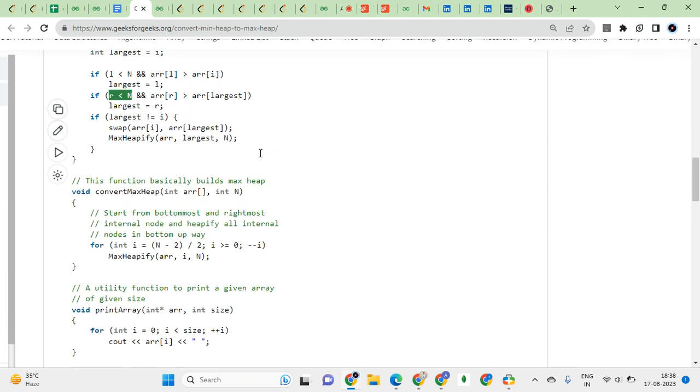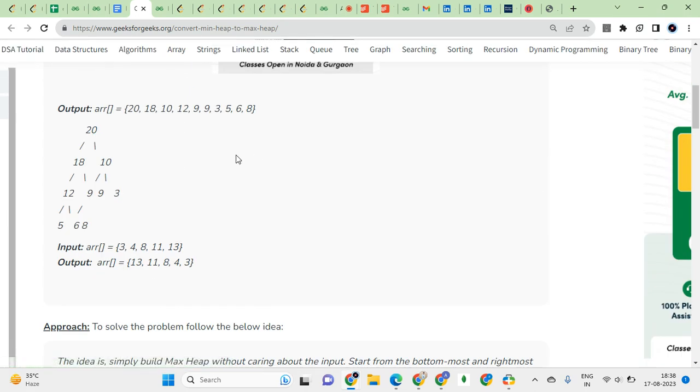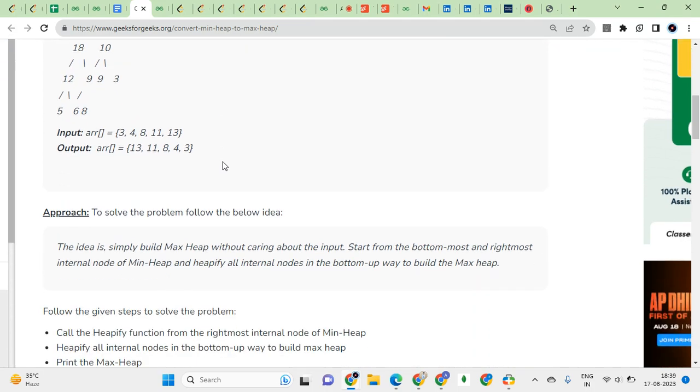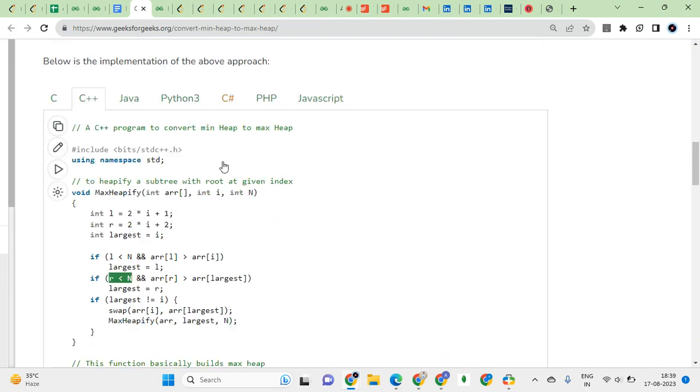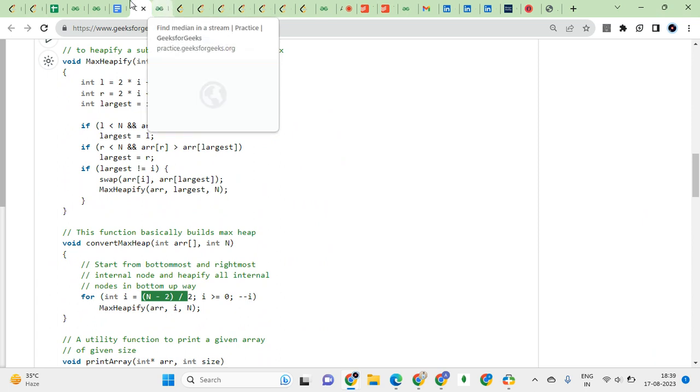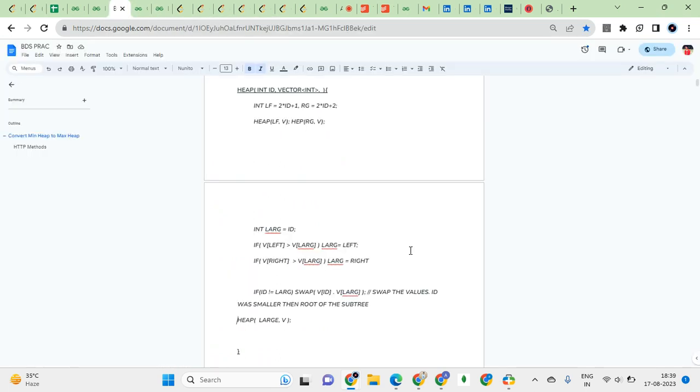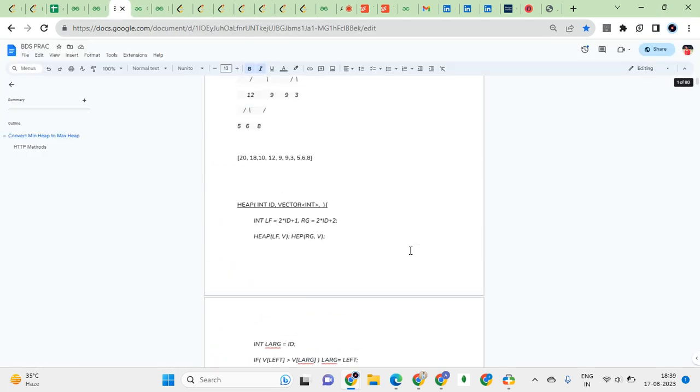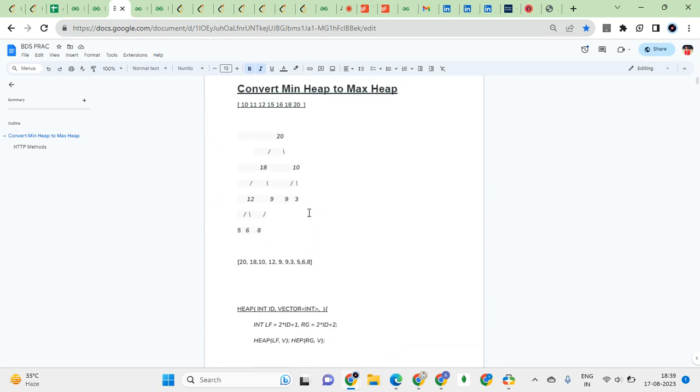As far as this question is concerned, for heapifying all the nodes, you need to start calling from n by 2 minus 1 down to 0, because only half of the nodes have children.